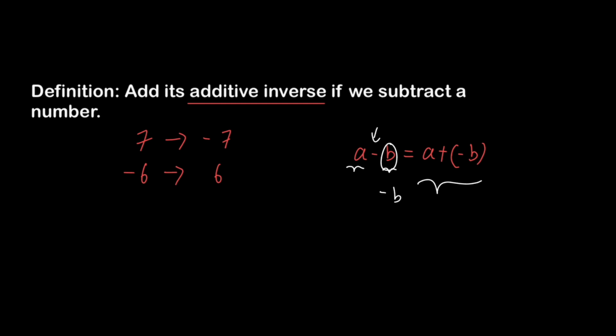Let's see some examples. Let's see 6 minus 7. By the definition, we use 6 plus the additive inverse of positive 7, which is negative 7.